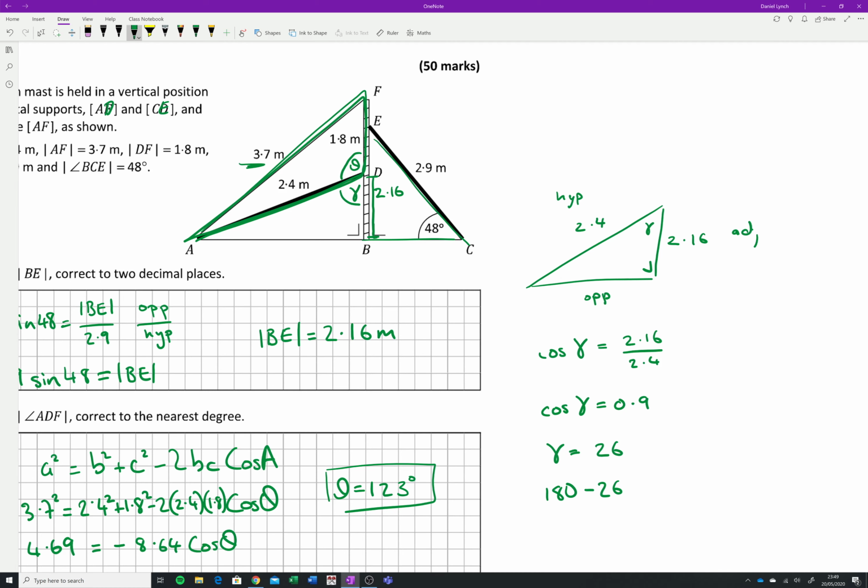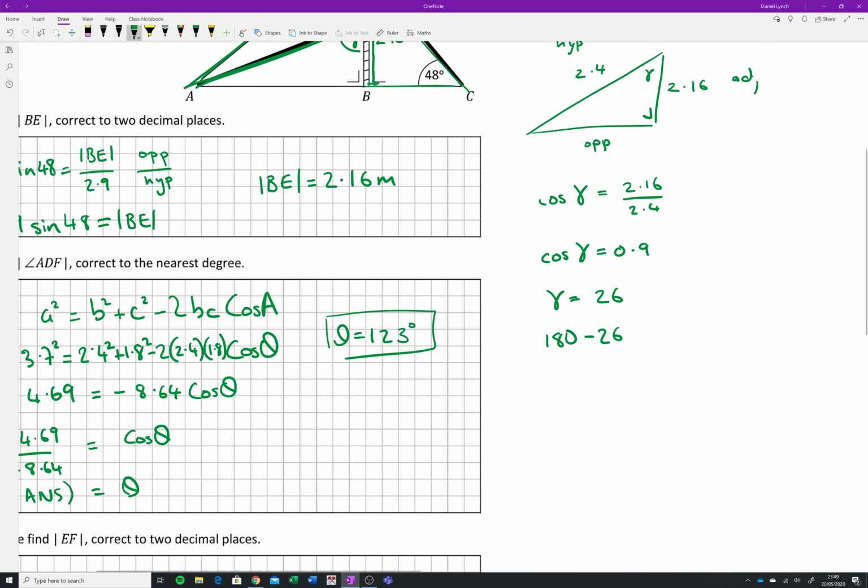Maybe I mistyped something. 2.16 divided by 2.4 is that, and if I do cos inverse of the answer, I do end up with 26 degrees. That is what I'm getting, and that is a straight angle. So if I do 180 minus 26, I am going to get 154.